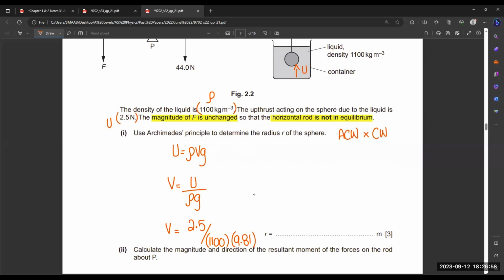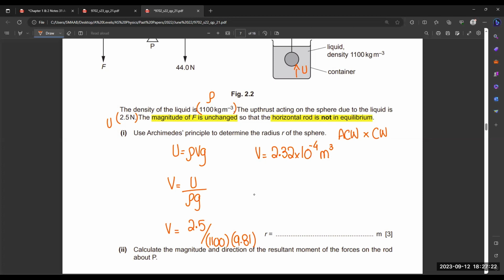So what will be the final answer of volume? Let me calculate it. It's 2.3 multiplied by 10 to the power of -4.